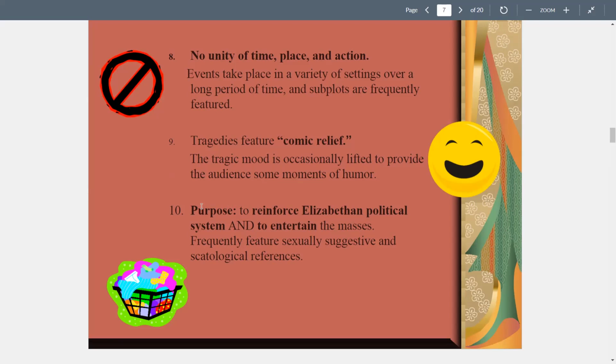So frequently, these plays feature sexually suggestive, scatological references, all kinds of different things, and sometimes we miss them because language meant different things at different time periods. The best example, Much Ado About Nothing. The play title to us is, well, you know, it's a big hullabaloo about nothing happening.